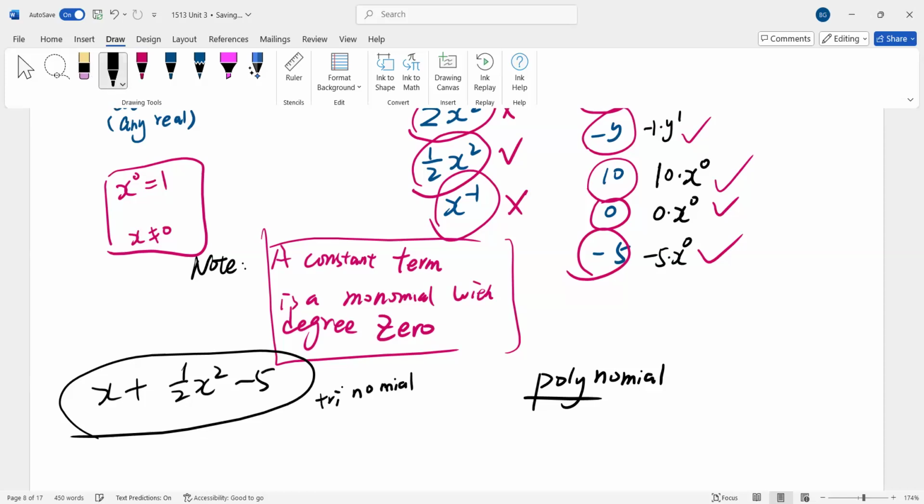Tri means three, like tricycle, triangle. If you have four monomials added together, we do not really have a specific name. They are just all called a polynomial. Monomial is also a polynomial. Binomial is a polynomial. Trinomial is also a polynomial. Polynomial is one or more monomials added together.